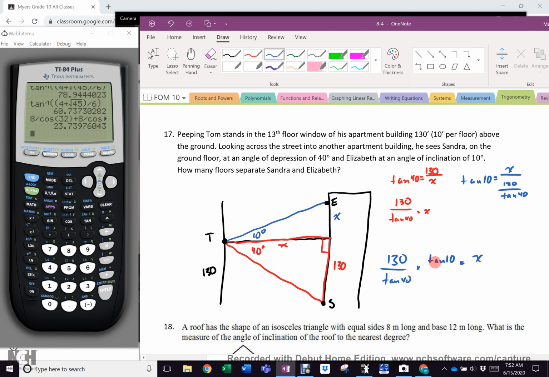So to punch that into my calculator, that's 130 tan 10, all in brackets, divided by tan 40 will equal x, and then I will add 130 to get my answer. So I go to my calculator, 130 tan 10.